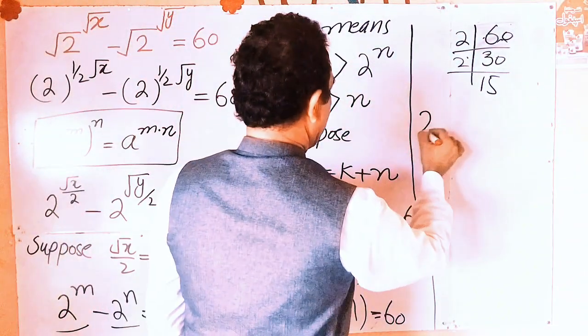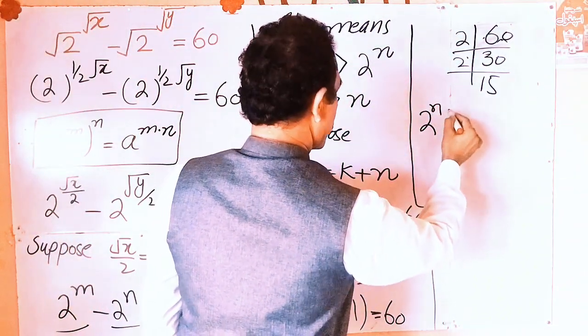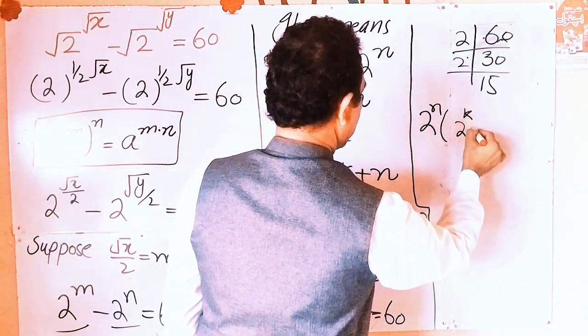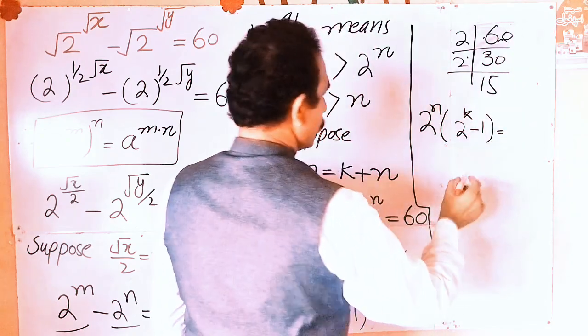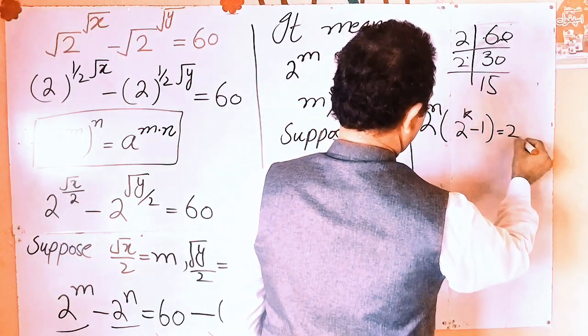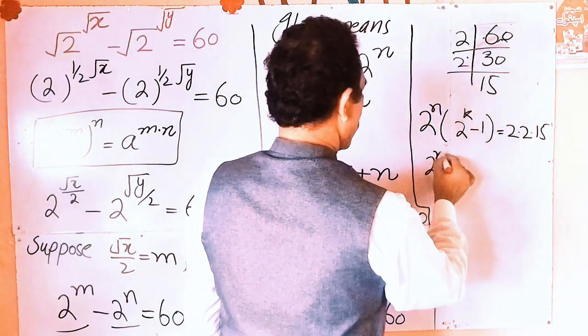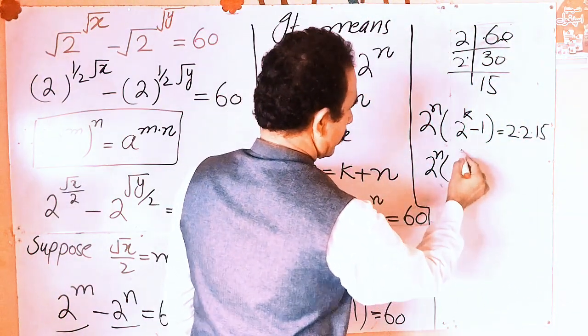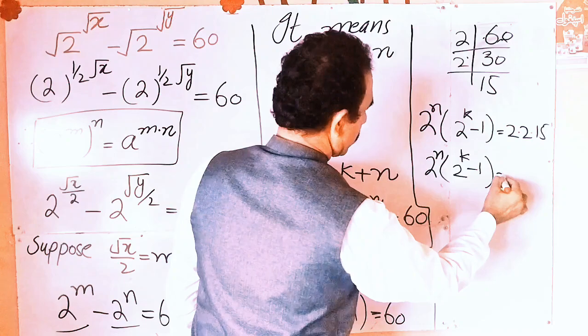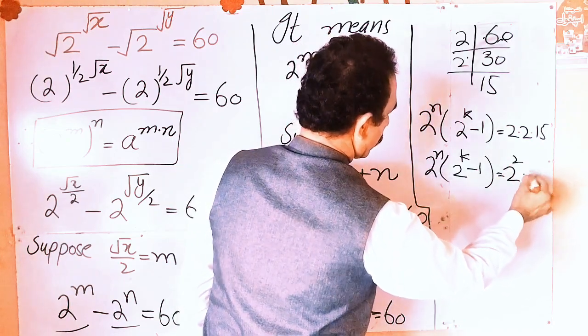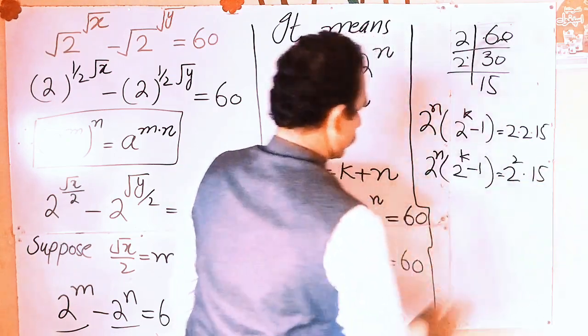2 power n times 2 power k minus 1 is equal to 2 times 2 times 15. That is, 2 power n, 2 power k minus 1, equals 2 power 2 times 15.